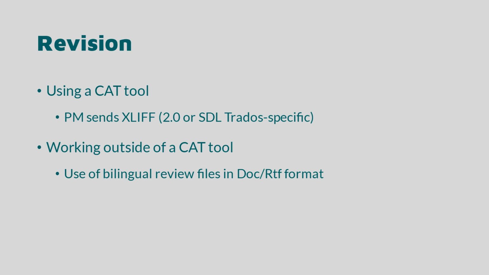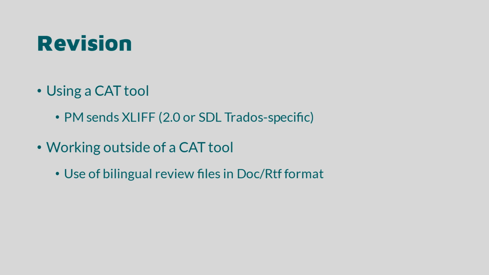Let's first consider the scenario where the reviser will revise the translation inside the CAP tool. Similar to the single file sharing approach used when sending the files out for translation, the project manager can once again send the fully translated XLIF file to the reviser, or a new project package can be created for the revision stage.